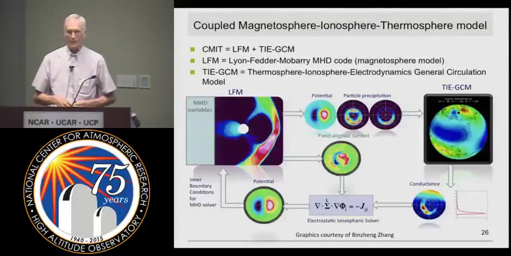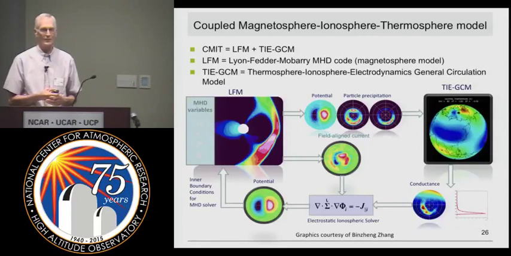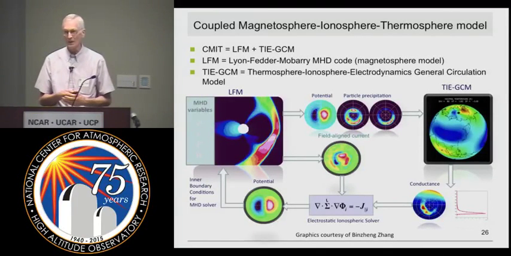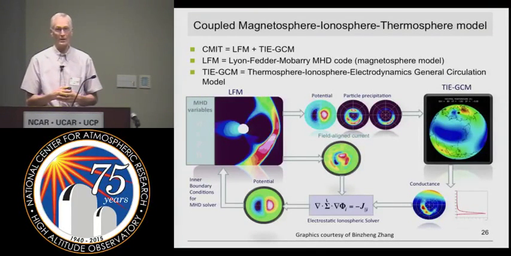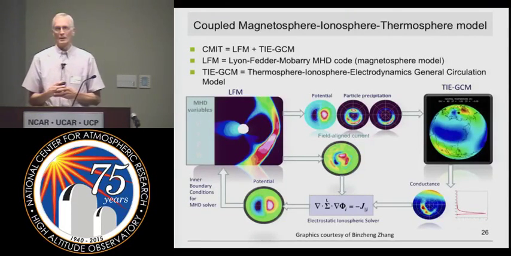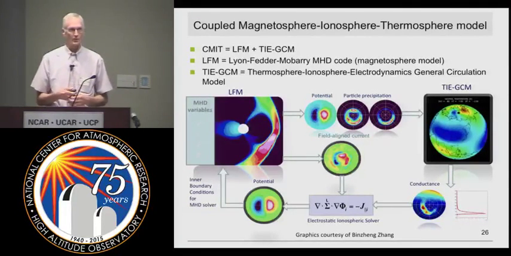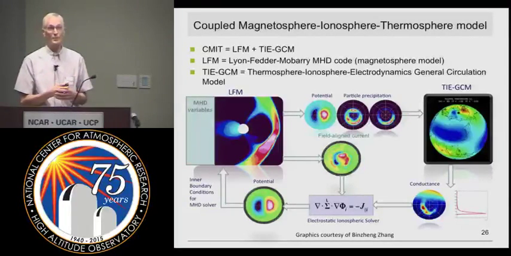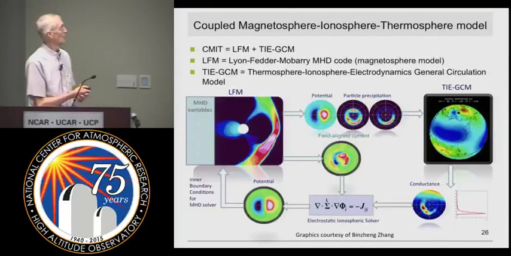The other direction that we've taken is through modeling the magnetospheric interactions with the upper atmosphere. This is work led by Mike Wiltberger, Wenbin Wang, and a number of other people have been involved in this.